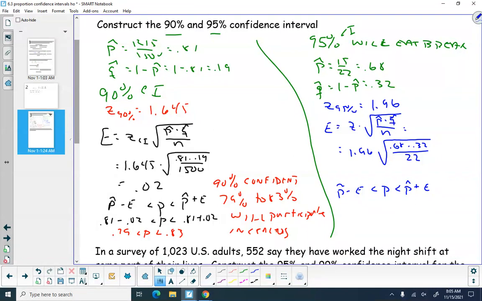And that's what you get for an error. 0.19.